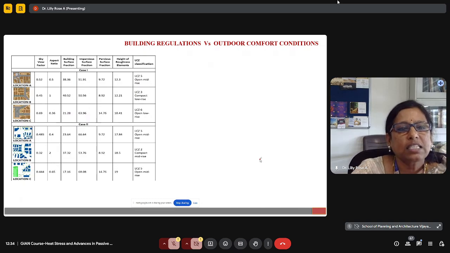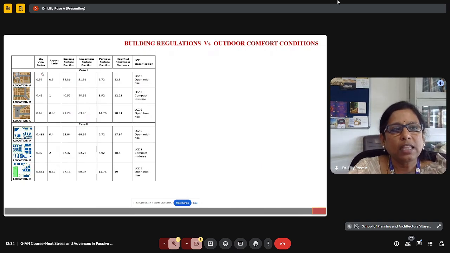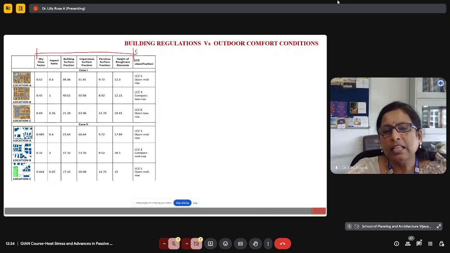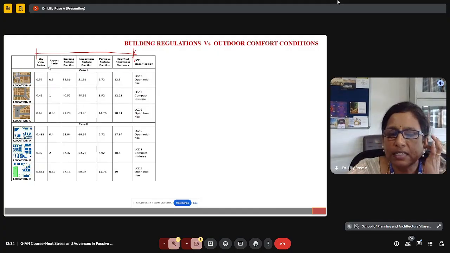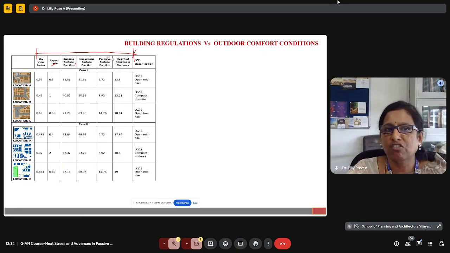And then in the first case, we could see these are the parameters as per the LCZ classification. So we analyze the sky view factor, the aspect ratio, the building surface fraction, impervious surface fraction, pervious surface fraction, height of roughness element. So if we see this, the height of roughness element increased with building height.